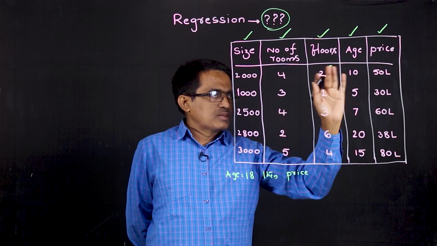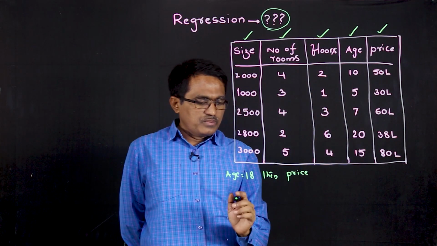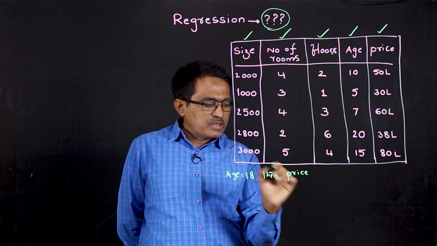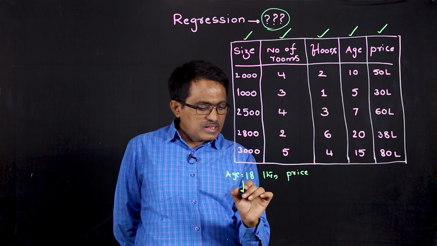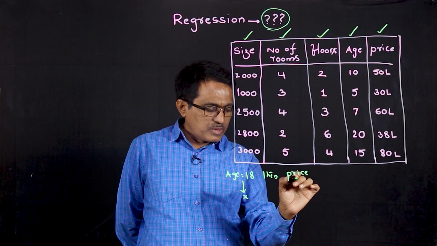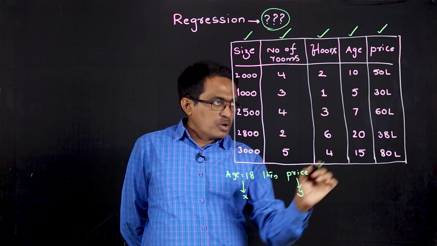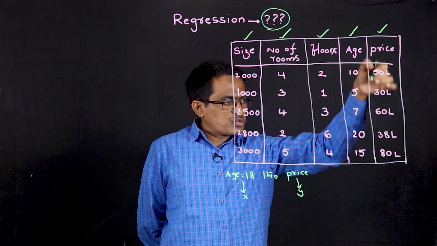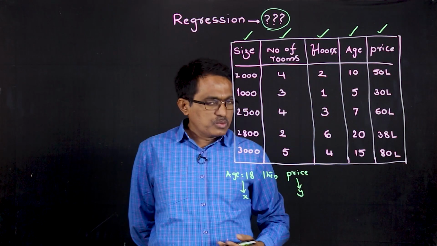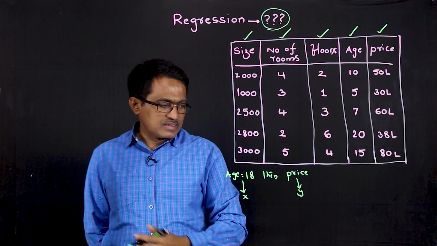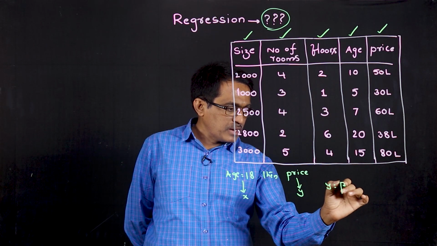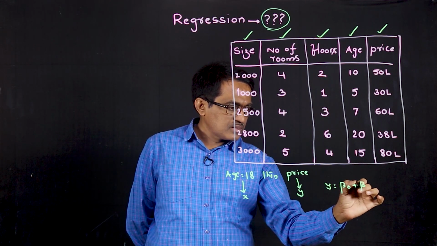The only thing I am considering is age and price. So when age is equal to 18, I have to find the price. That means this is my x and this is my y. So by taking age as x and price as y, we do the linear regression as discussed, that is by taking y equal to beta naught plus beta 1 x.